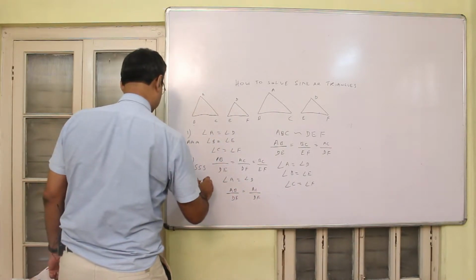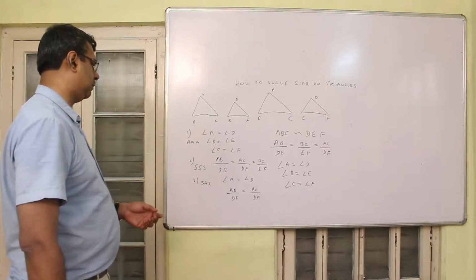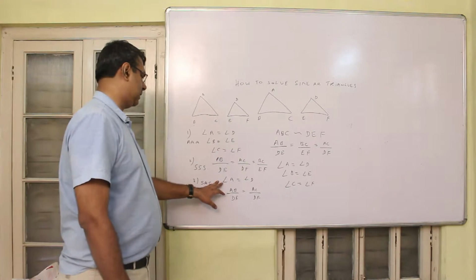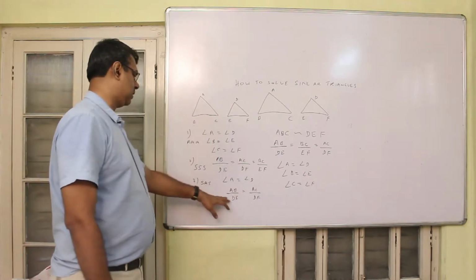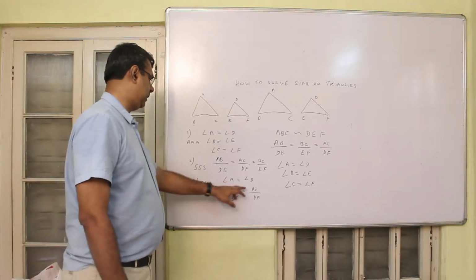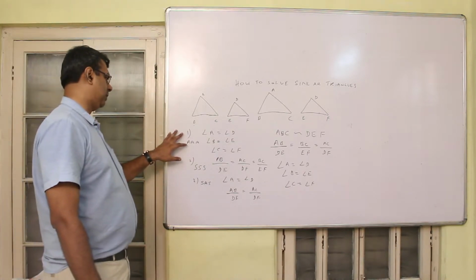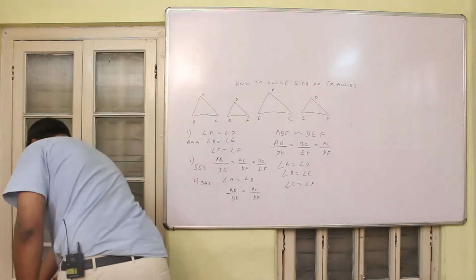This is known as SAS. So I repeat, you prove any one pair of angles is equal and the sides adjoining those equal angles are proportional. So if angle A equals angle D, then AB by DE is equal to AC by DF. So there are three ways of proving similarity: AAA, SSS and SAS.